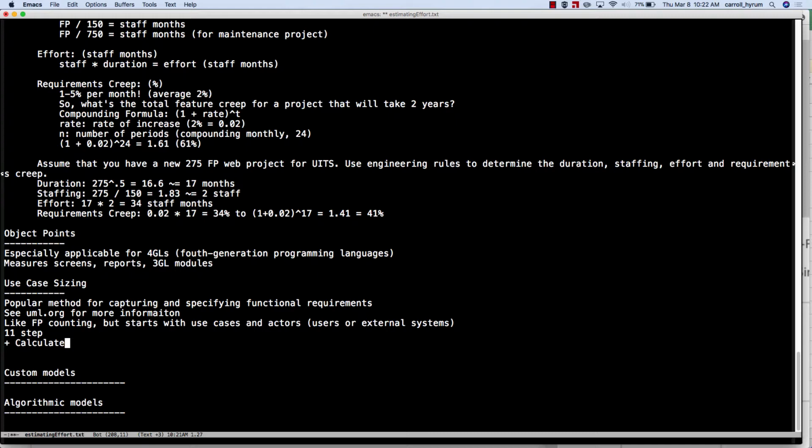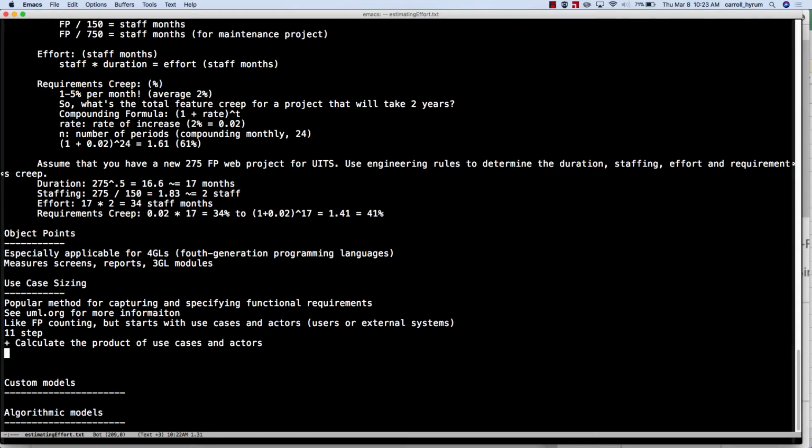Okay, so the 11 steps summarized are: calculate the product, so multiply the number of use cases and actors. Okay, so do we have an administrator and a user? How many external systems are we hooking up to it? How many different types of users are we having? And then multiply that by, well, okay, we have this use case and this use case. And then what we're going to do is adjust this value by our technical and environmental factors.